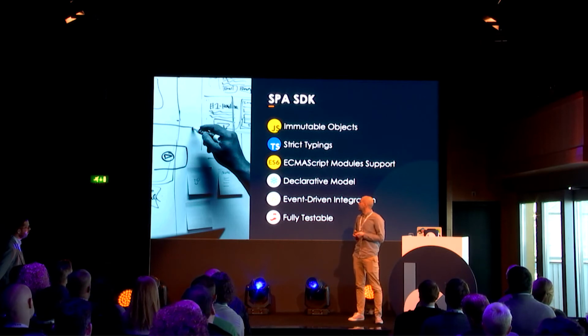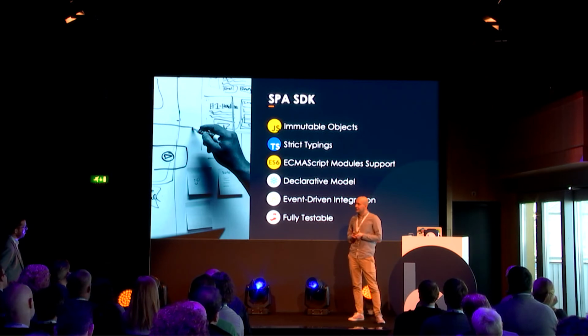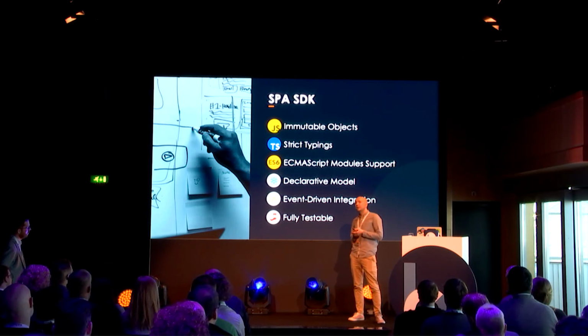It fits perfectly for all modern declarative frameworks, and the event-driven model makes for smooth integration with the BRXM UI. And last but not least, it's fully testable. It works perfectly with all modern unit testing frameworks. You can easily mock our SDK and test your components' UI without actually running a BRXM instance.